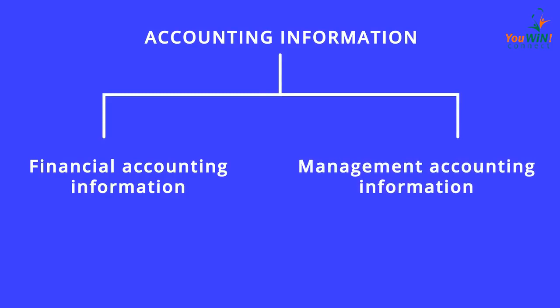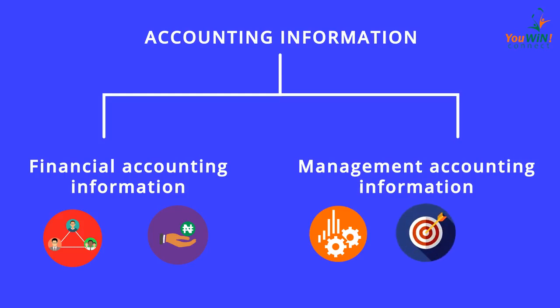Financial accounting information is designed to support management and other external users like investors and lenders in their decision-making related to the allocation of resources, investment, and credit. While management accounting information is designed to support management in their business operations, managers use this information to identify targets, devise plans, and manage daily business operations.